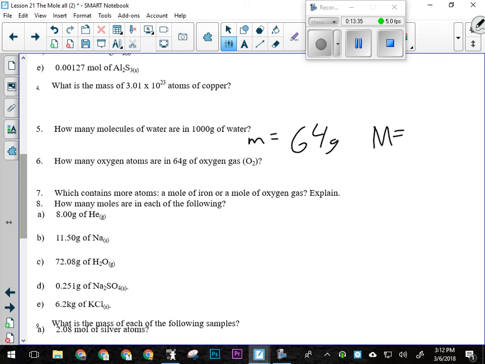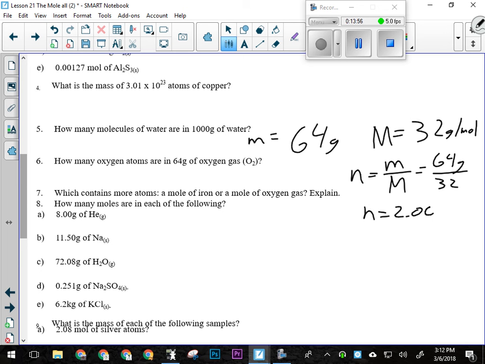Oxygen as a single atom is 16, but oxygen gas is 32 grams per mole. So the first thing I want to do is calculate the number of moles, because that's what I can calculate with the 2 pieces of information I have. I've got 64 grams, and each mole is 32 grams per mole, so it looks like I've got 2.00 moles. Everybody all right with that?